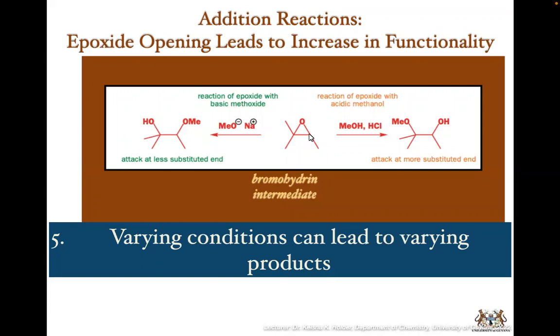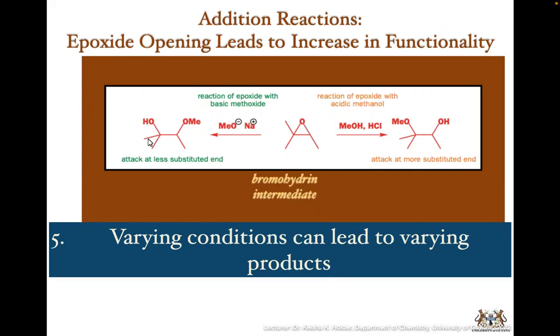So this carbon on the right is actually a secondary carbon, and therefore it is much less hindered, and so the attack occurs here. Methoxide would come from this side and attack on that side of the molecule of the epoxide, and it forces this oxygen carbon bond to break.